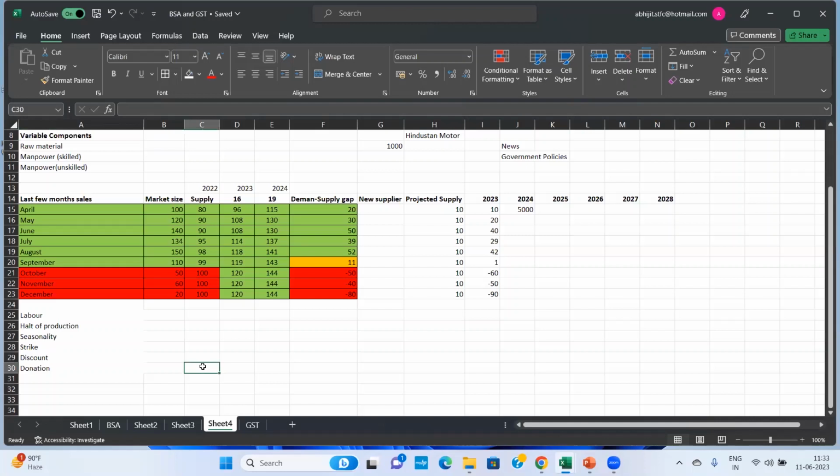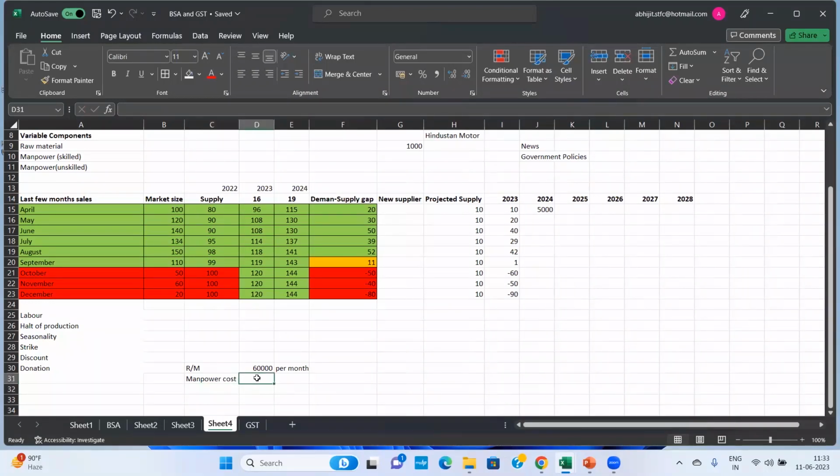Now, if my raw materials cost is say 60,000 for 1 month, and my manpower cost is say 90,000 per month, and my other expenses like electricity are around 30,000 per month.